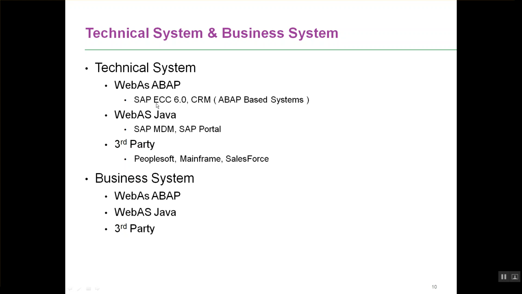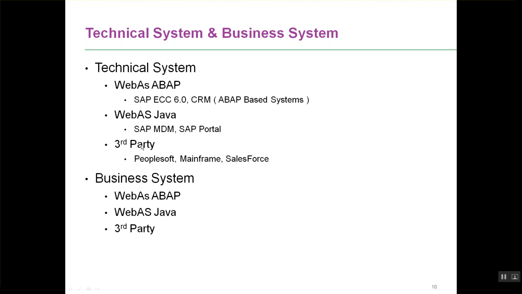So what is a web-based ABAP system, right? An SAP ECC 6.0 server, which runs on a web application server ABAP, or which is an ABAP-based system from SAP, is called a web-based ABAP technical system. A master data management system, an MDM system, your enterprise portal, your Java portals that are there from SAP is nothing but a web-based Java, or that technical system is called a web-based Java system.